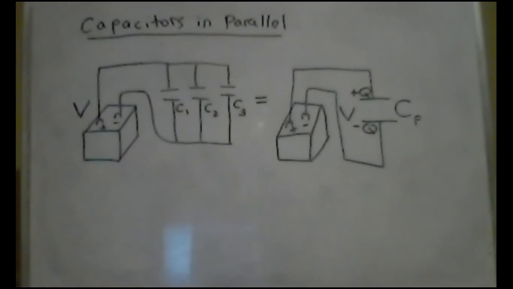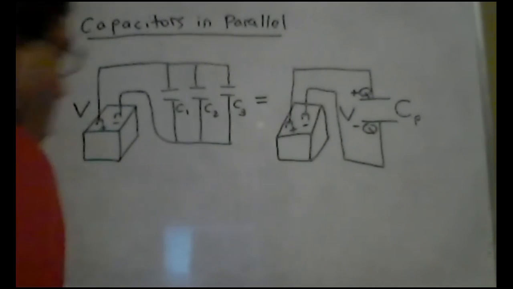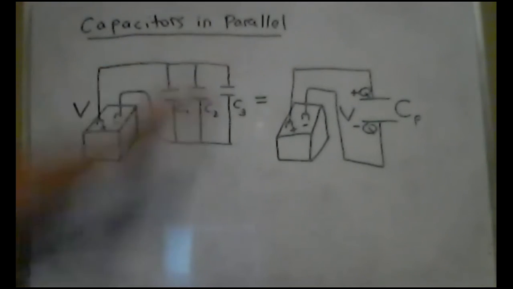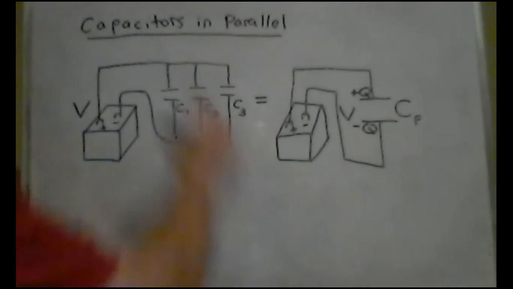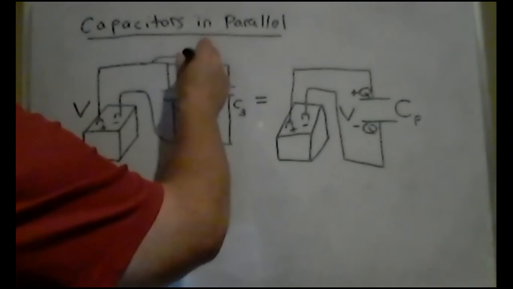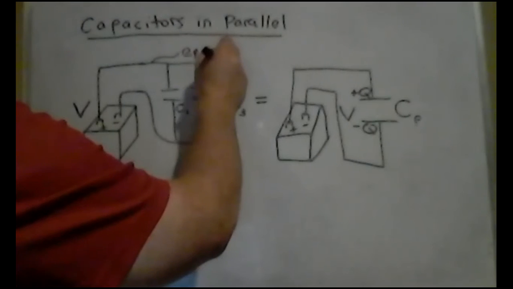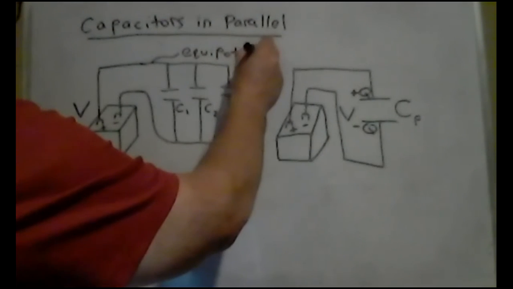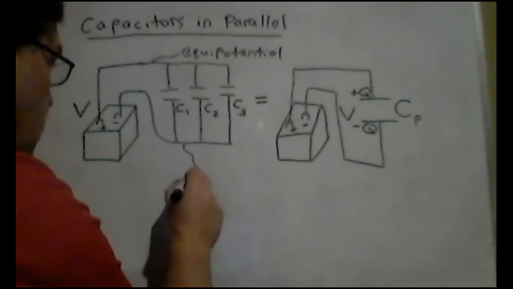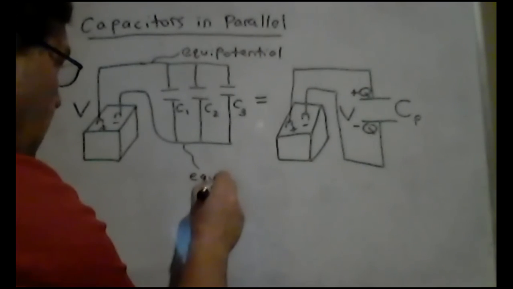Now, what's different here is that, remember, wires are made out of metal, which are conductors. This wire up here, the entire wire all the way across, is an equipotential. Remember, a conductor is an equipotential. And this wire all the way at the bottom is also an equipotential.